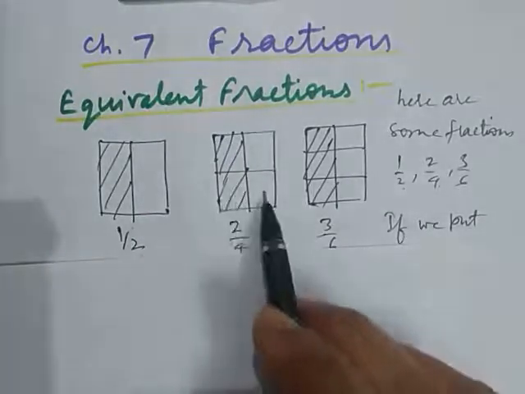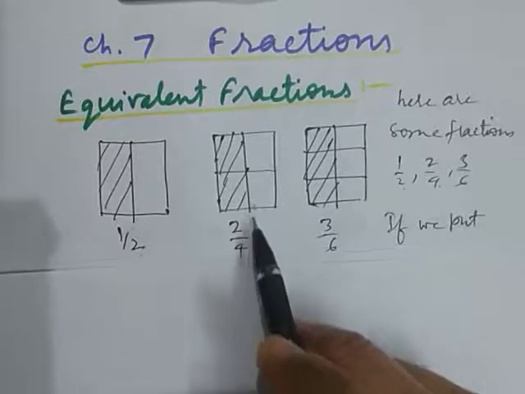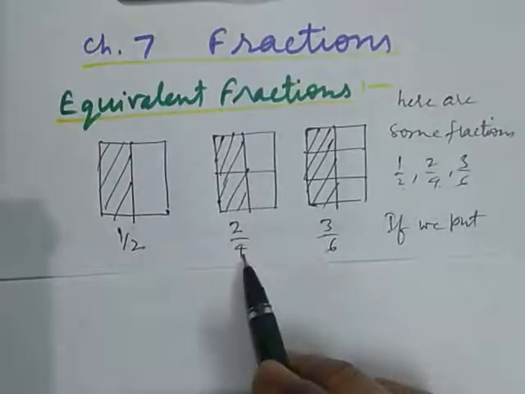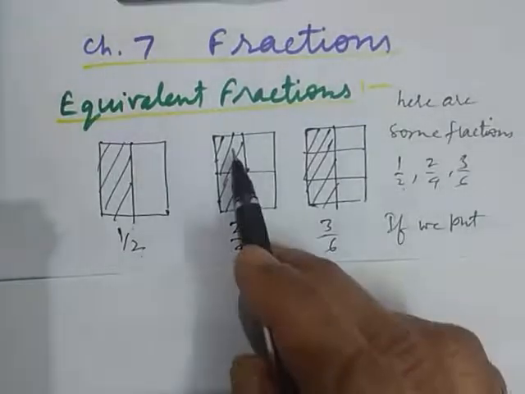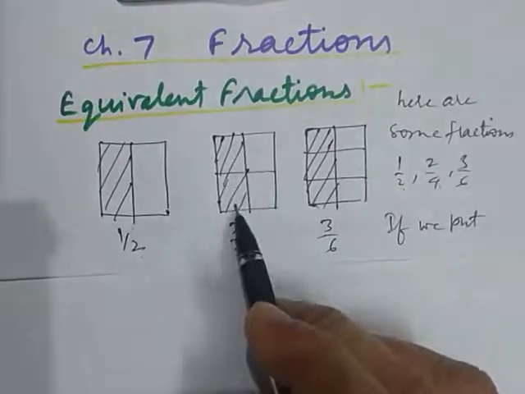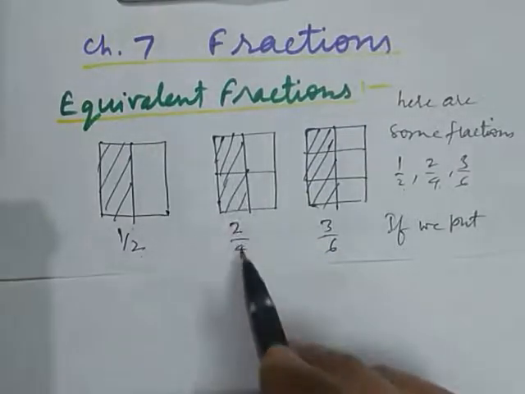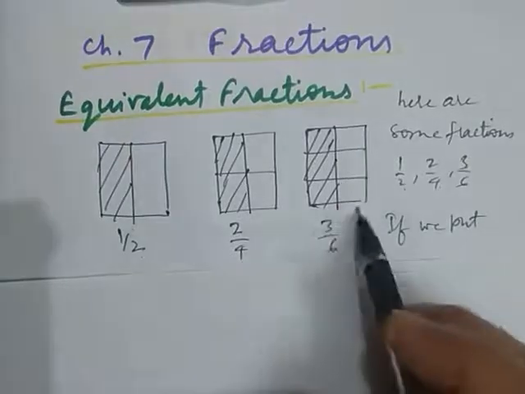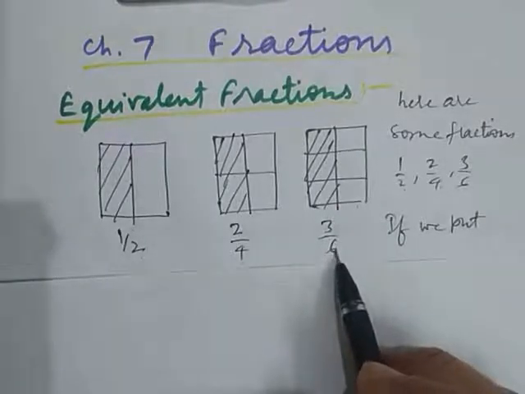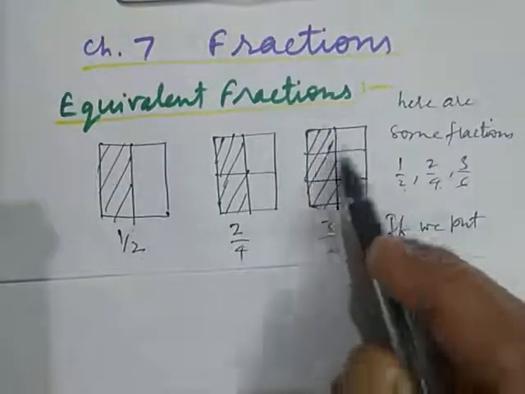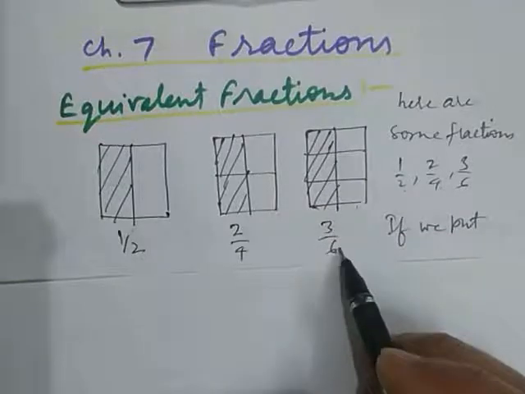Here there are 4 parts, because the denominator is 4, and we have to consider 2 parts, so this becomes 2 by 4. Here there are a total of 6 parts, because the denominator is 6, and we have considered 3 parts of them, so this is 3 by 6.